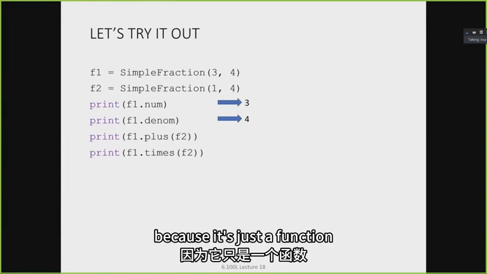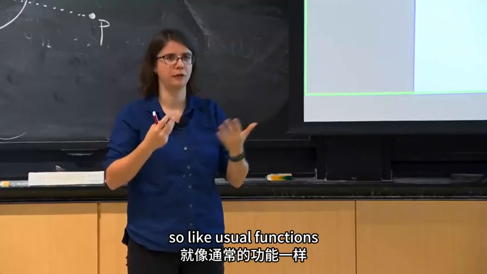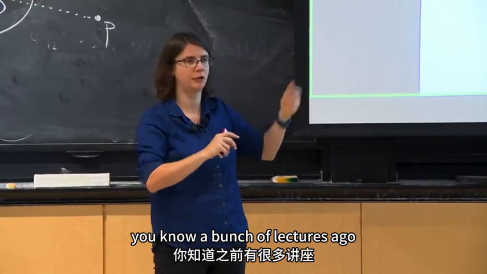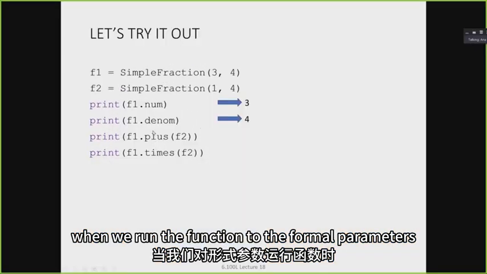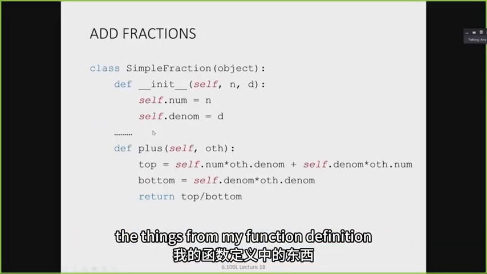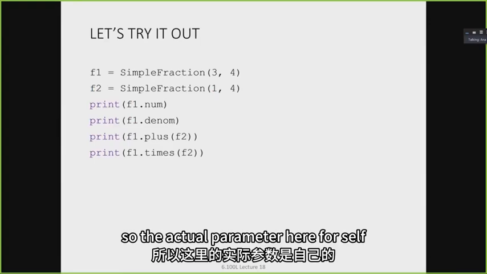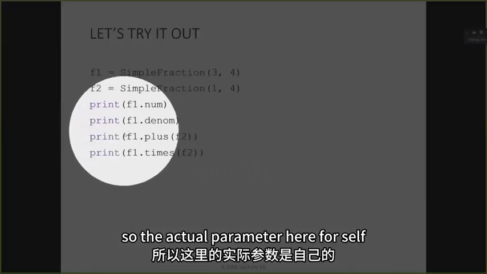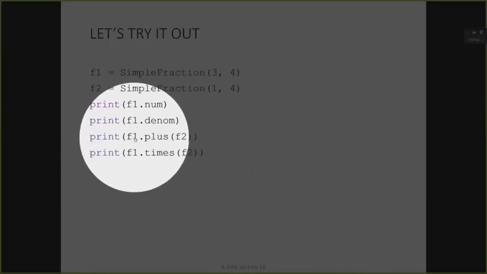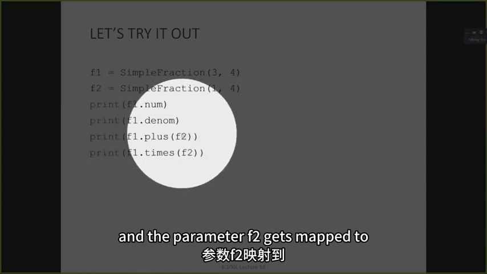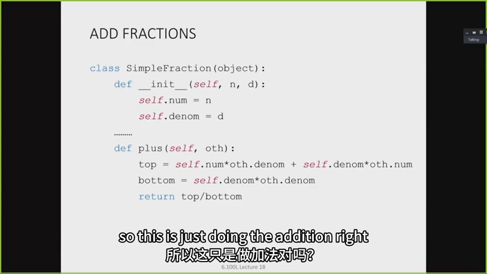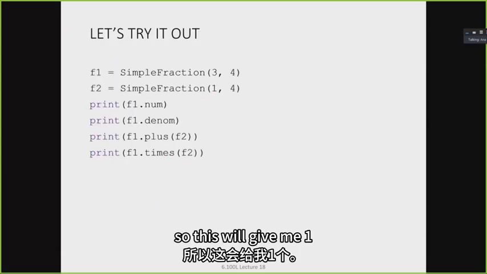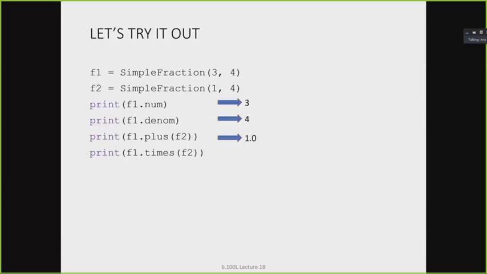Because it's just a function, like usual functions a bunch of lectures ago, we map the actual parameters when we run the function to the formal parameters, the things from my function definition. So the actual parameter here for self is the thing before the dot, f1, and the parameter f2 gets mapped to other. That's how we read that. So this is just doing the addition, so this will give me 1.0 because it's a float.